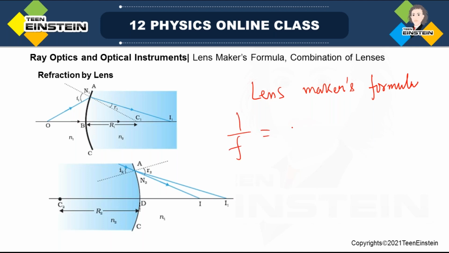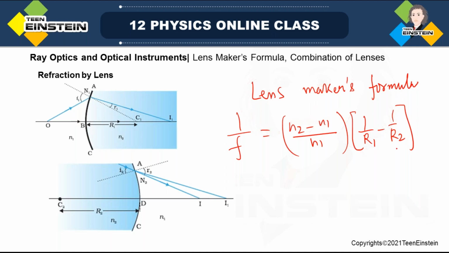See, lens maker's formula is given by 1 by f is equal to (n2 minus n1) over n1 into (1 by r1 minus 1 by r2). So r1 and r2, as you know, are the radii of curvature for the surfaces.